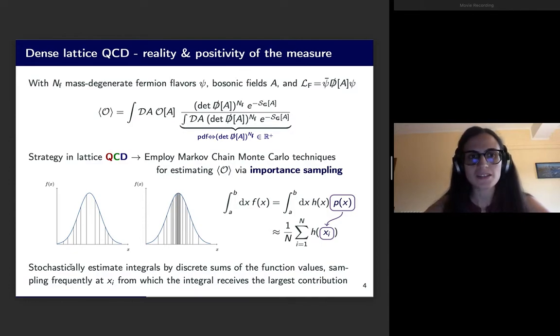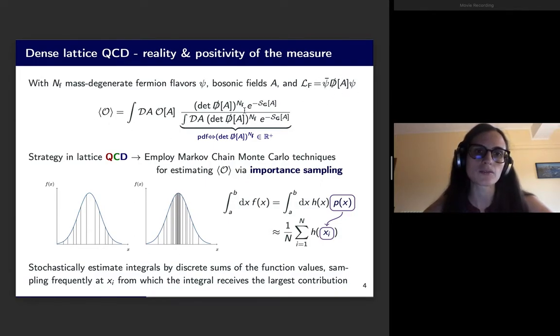So I think this is the right moment to remind you about the sign problem, what it is, and how it affects our lattice QCD approach. This you have seen already. We have NF mass-degenerate fermion flavors psi and bosonic fields A, and this form for the fermionic part of the Lagrangian.